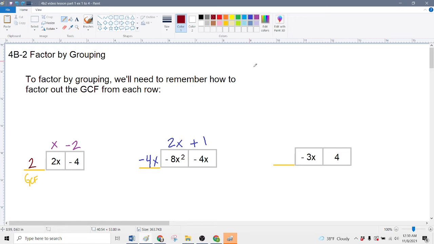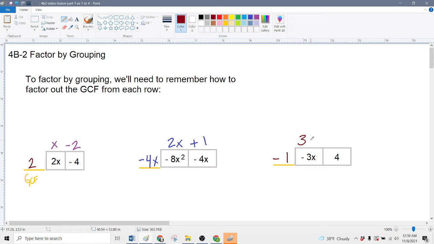Okay, so that's the rule we're going to follow. If the negative is in the box closest to our row or column header, we'll go ahead and bring it out. Now, as you can see, we're looking at these two terms, nothing in common. So, unfortunately, all we've got is that 1. We've got to go with the 1. So what do we need to multiply our negative 1 by to get back to this negative 3x?